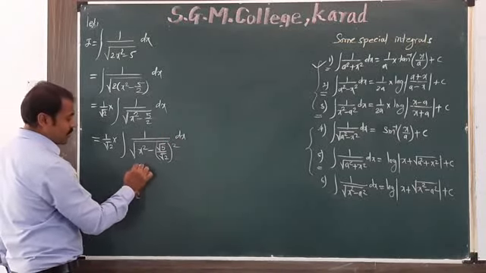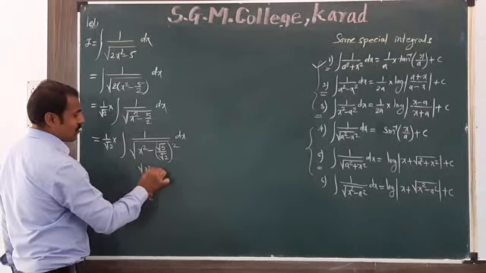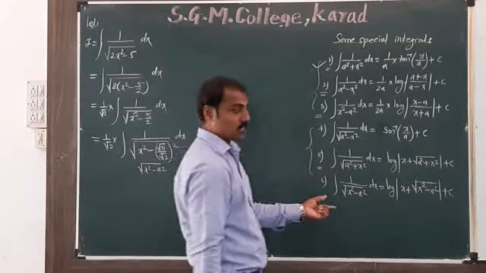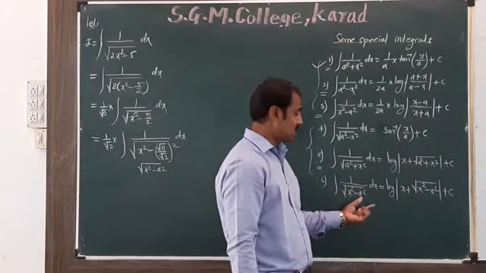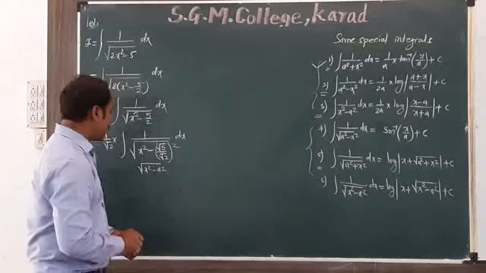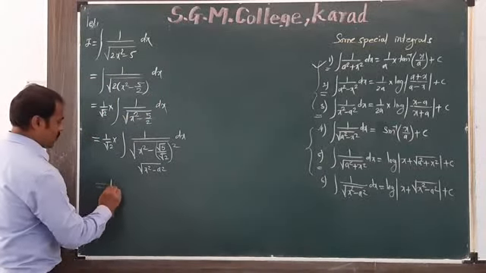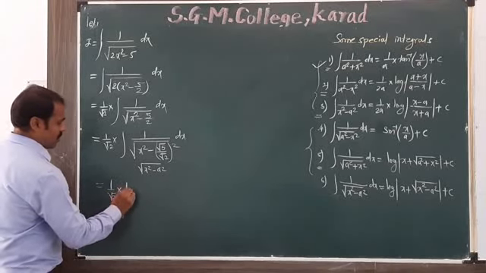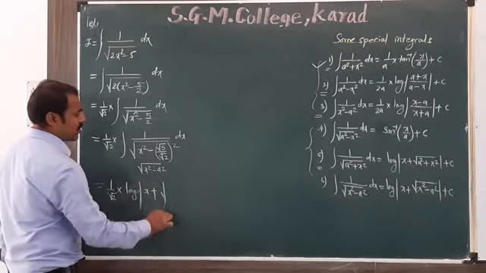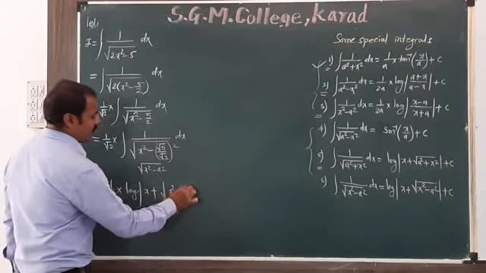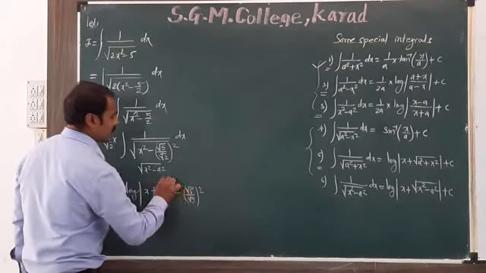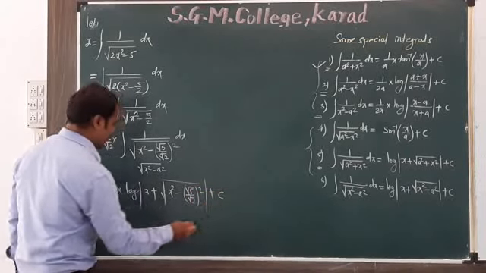Now in the denominator it looks like square root of x square minus a square, and we know the formula for integration of 1 upon square root of x square minus a square is log of mod of x plus the denominator. So 1 upon root 2 as it is into log of mod of x, what is x? X as it is, plus the denominator term, square root of x square minus root 5 divided by root 2 bracket square, plus constant of integration c.